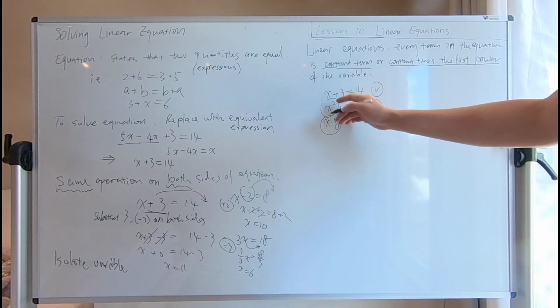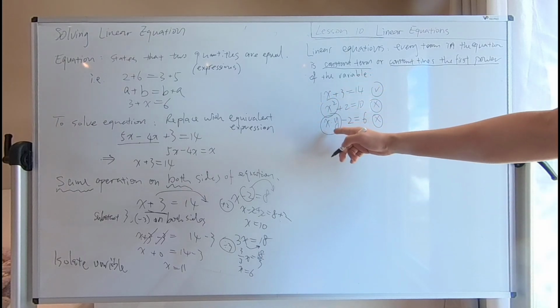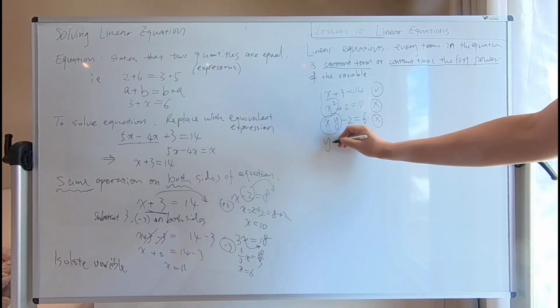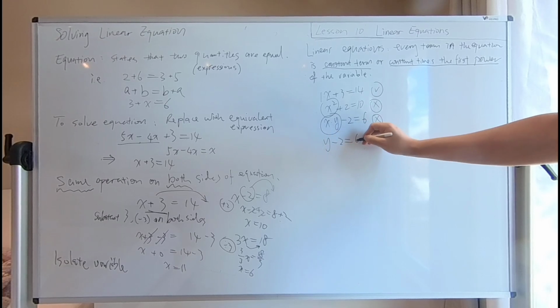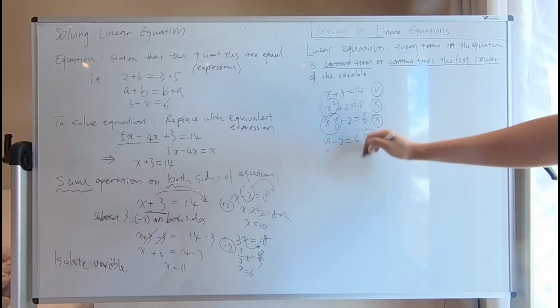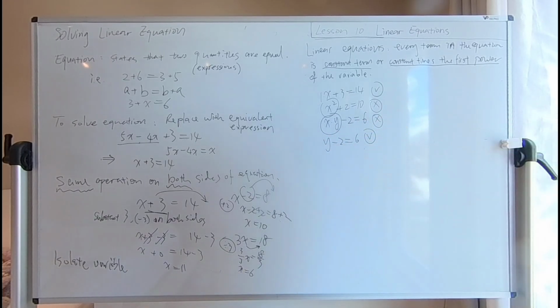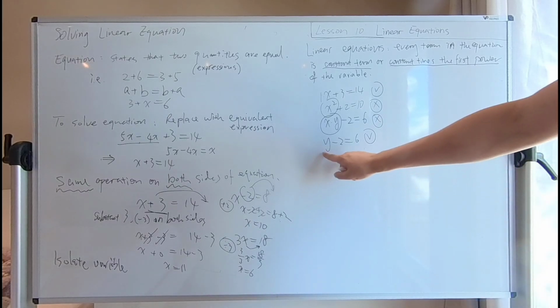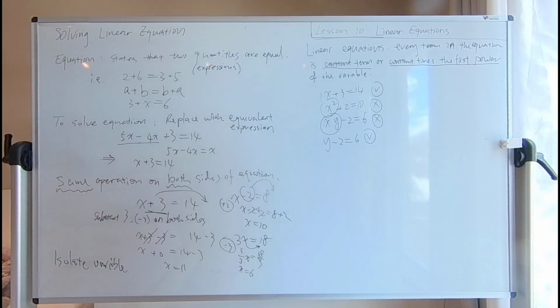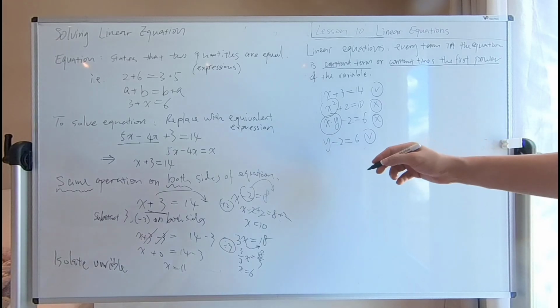Right? So it doesn't matter how you write a symbol as long as you have a single variable. For example, if I have y minus 2 equals 6, that is a linear equation because you have a constant term, you have an unknown variable, but the unknown variable has the first power only. Okay, so this is a definition of linear equation.